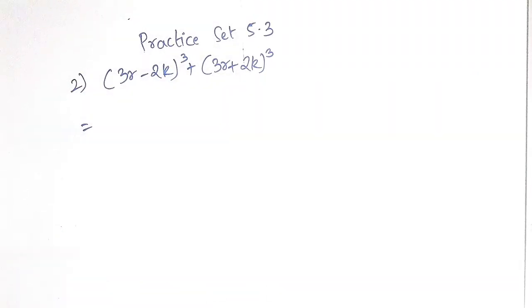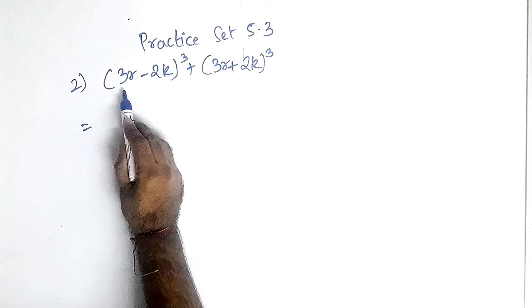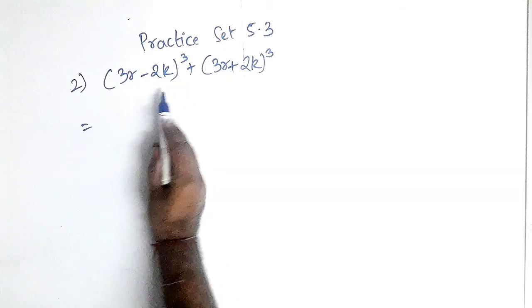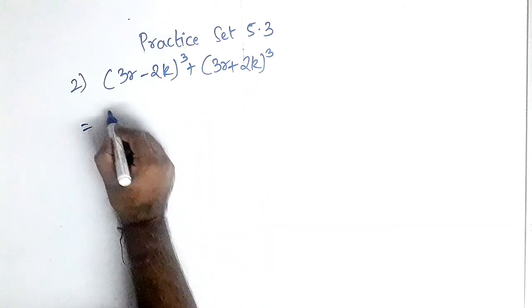So second one, as you can see, it is similar to the first one. The only thing is here in between you have a plus sign, and here you have a minus b the whole cube, and then a plus b the whole cube.